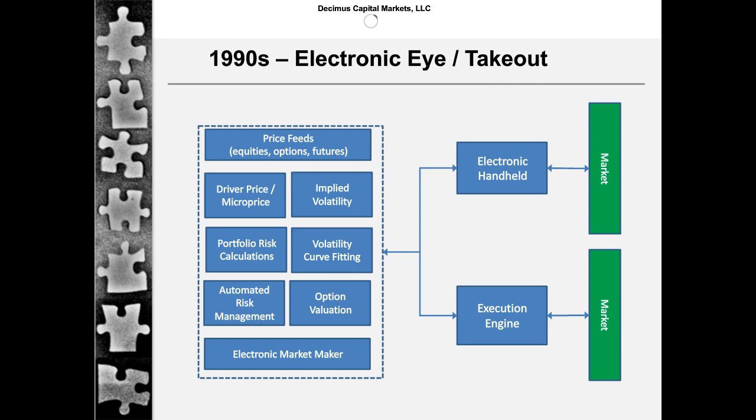So that went on, and then after that period of transformation to electronic markets and continuous quoting, but that was all in nickel increments in terms of the tick size in the U.S., we famously had the shift to decimalization in 2007.